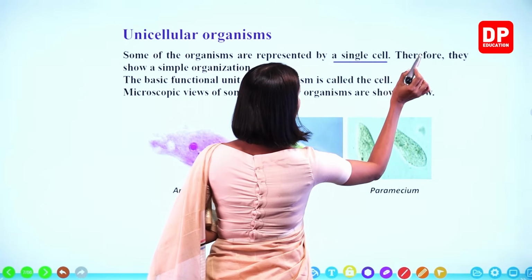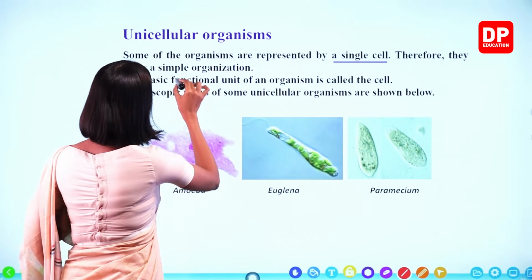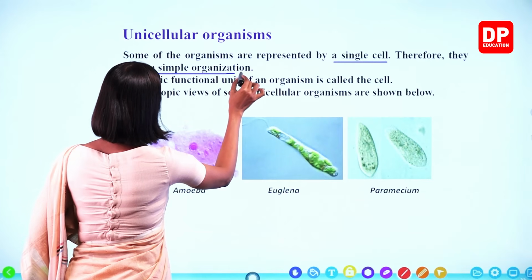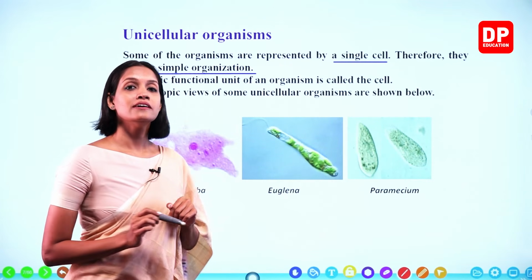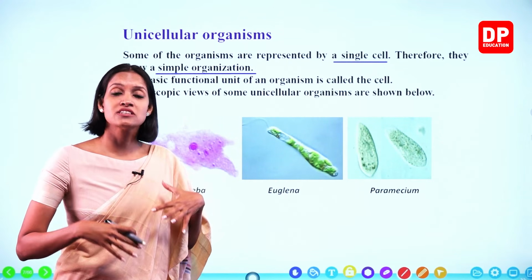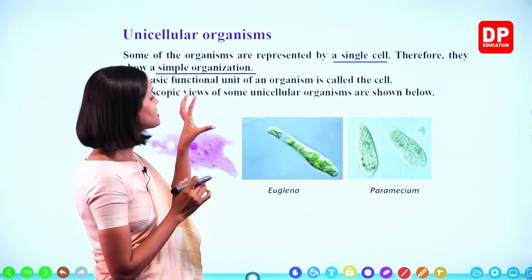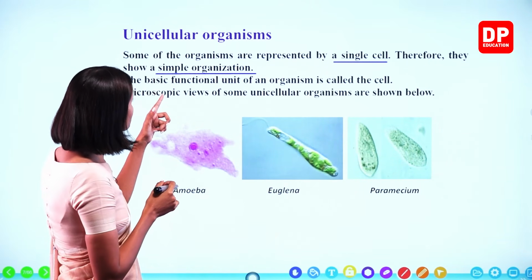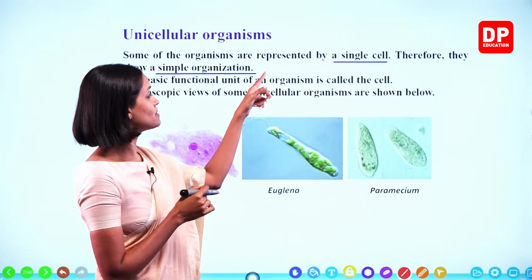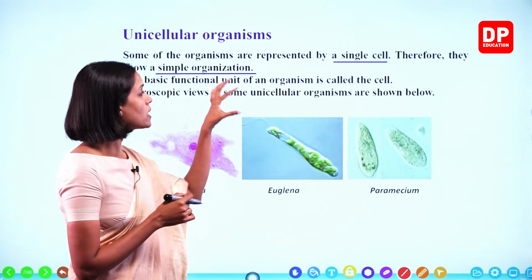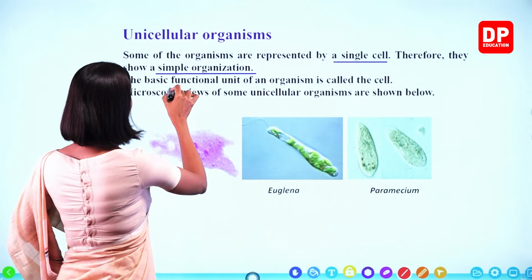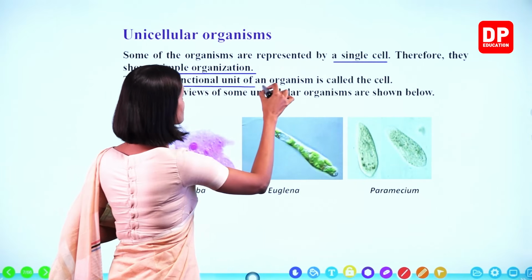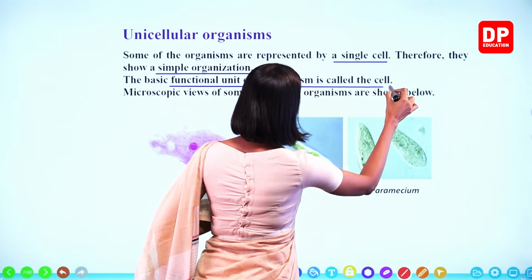Right? They don't have special organs, complex organs in their body. Only one cell is there. Right? The basic functional unit of an organism is called the cell. What is the meaning of the functional unit? Functional unit of an organism is called the cell.